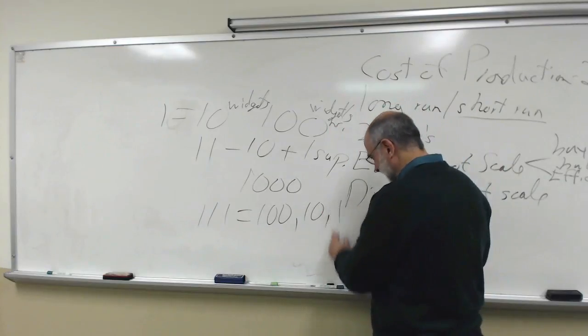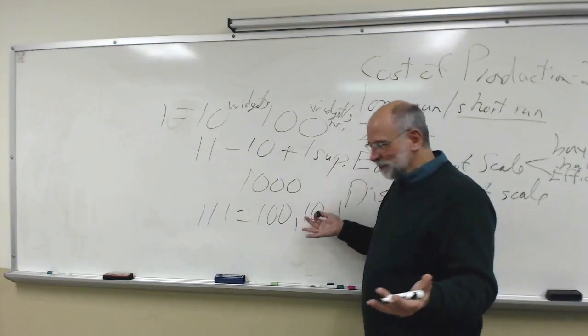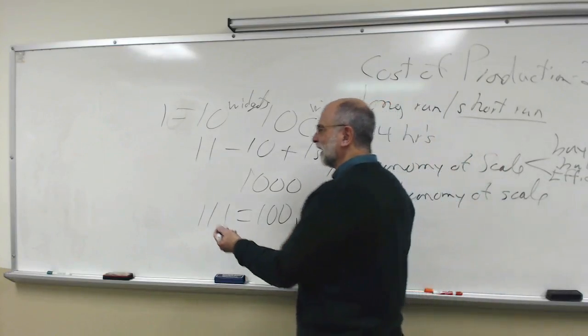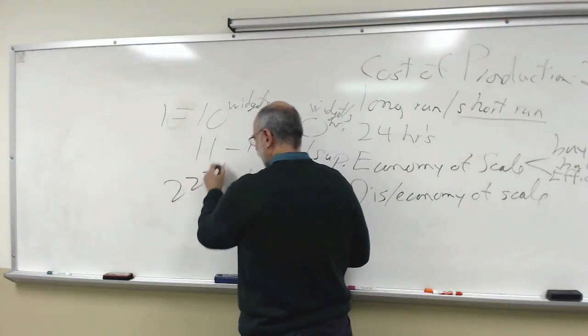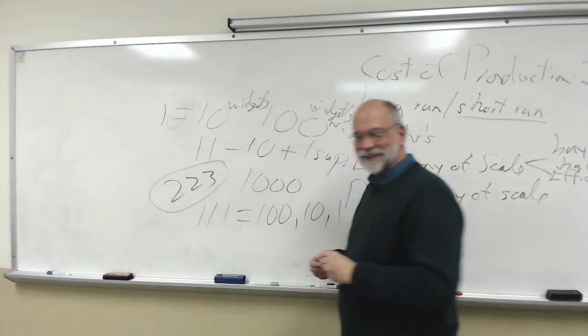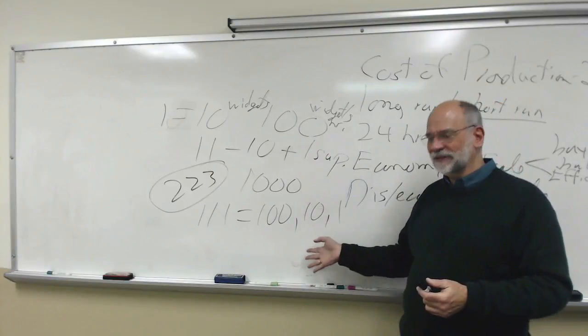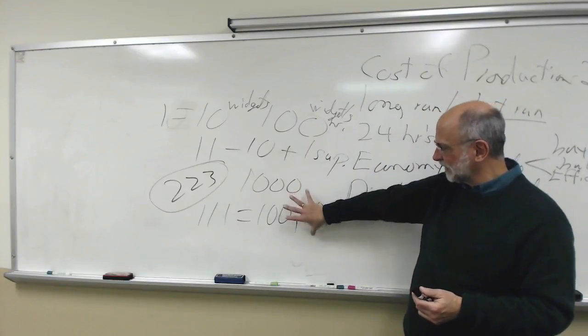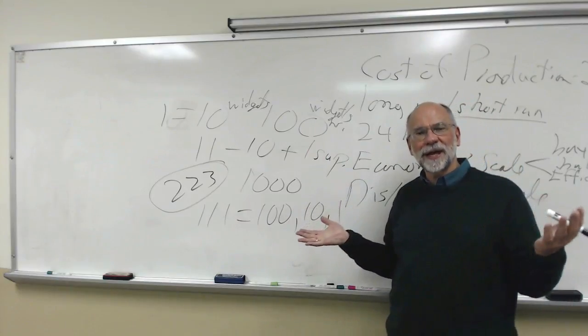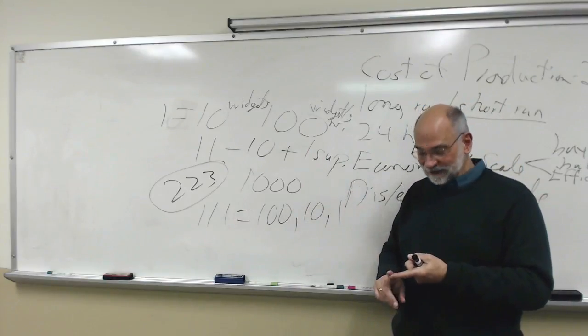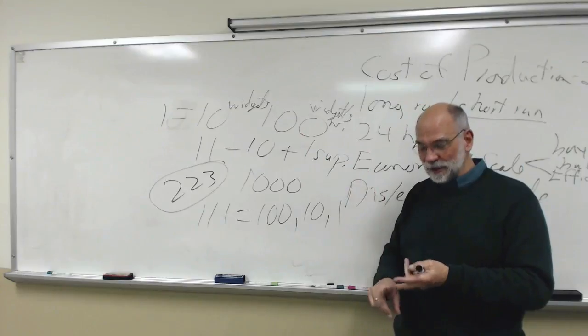What do you also need? One supervisor for the supervisors. He said the real answer is 223. Why was it 223? Because when you get to this level of complexity, going from this simple organization to this complex organization, what do you now need? You now need expediters. You now need some human resource people.